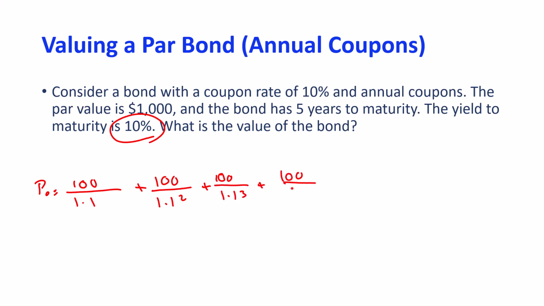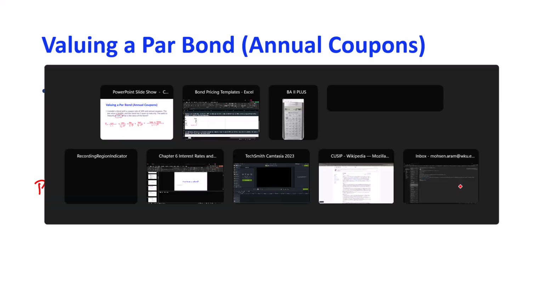the present value of the future cash flows. Sorry, 1.1 to the power of 4. Let's do this cleaner. And then the last year, you will receive the last coupon plus the face value. I don't even have to calculate this, but let's just do it anyway.